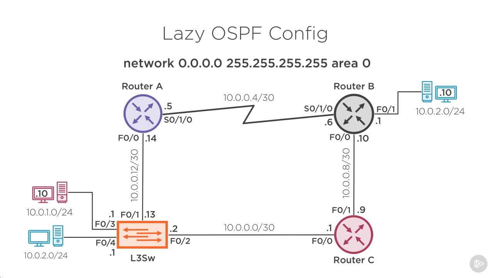So now my destination, 10.0.2.10, the layer 3 switch thinks that network is directly connected. So it doesn't have an OSPF route on it. Therefore, we instantaneously black hole all of the traffic on router B into this test network we set up on our layer 3 switch. This event happened instantaneously.